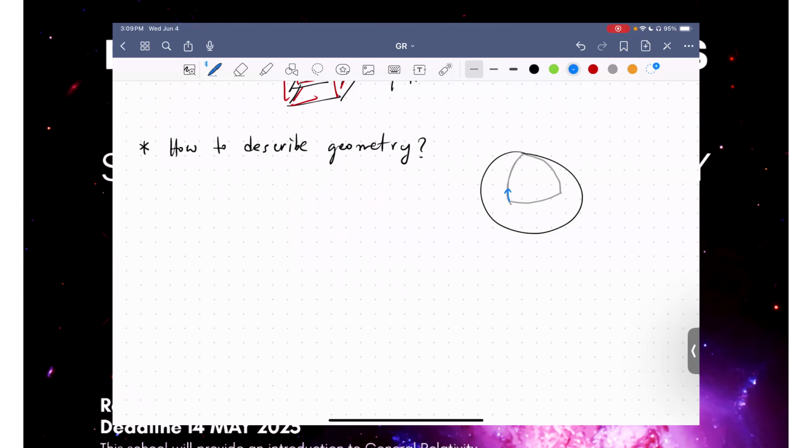And by moving vectors in a parallel way, we see that we do not end up at the same vector. Here, this is facing this way, this is facing this way. So we can parallel transport in two different directions, and we see that we don't end up with the same vector.